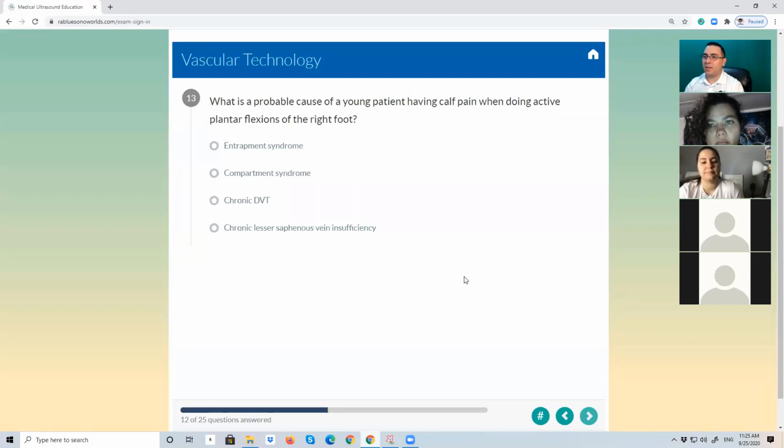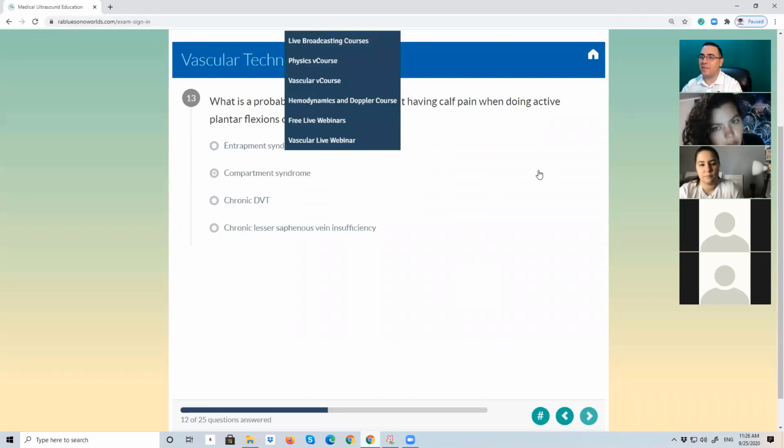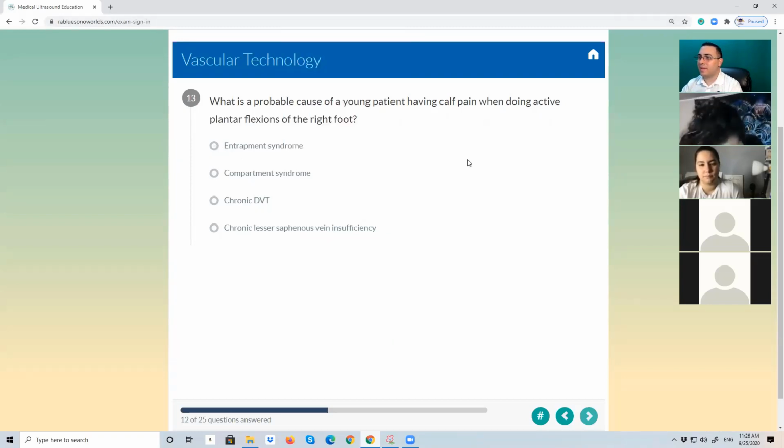Okay, entrapment syndrome, which is basically the medial head of the gastrocnemius muscle going over the popliteal artery, and when you do this plantar flexion, the muscle compresses the artery, and the flow to the distal part of the leg is affected, and then there's pain. All right. It's a good way to remember those questions between compartment and entrapment.